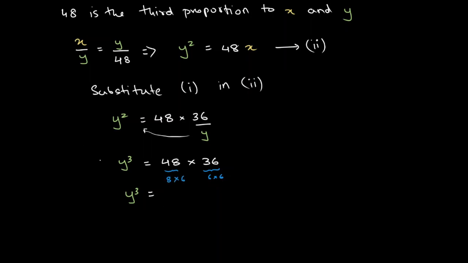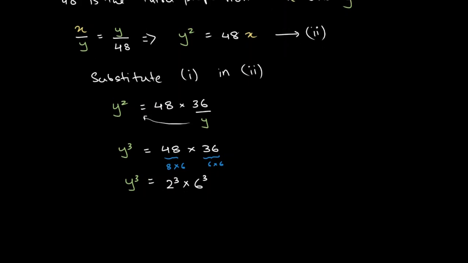Now 8 is 2 cube, and 6 into 6 into 6 is 6 cube. So 48 into 36 can be factorized as 2 cube into 6 cube. Taking cube roots all around, y will be equal to 2 into 6, which is 12.